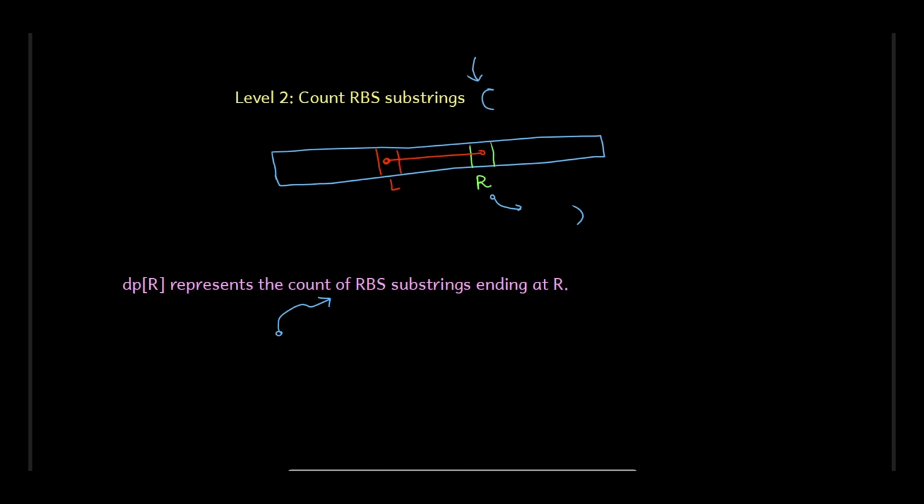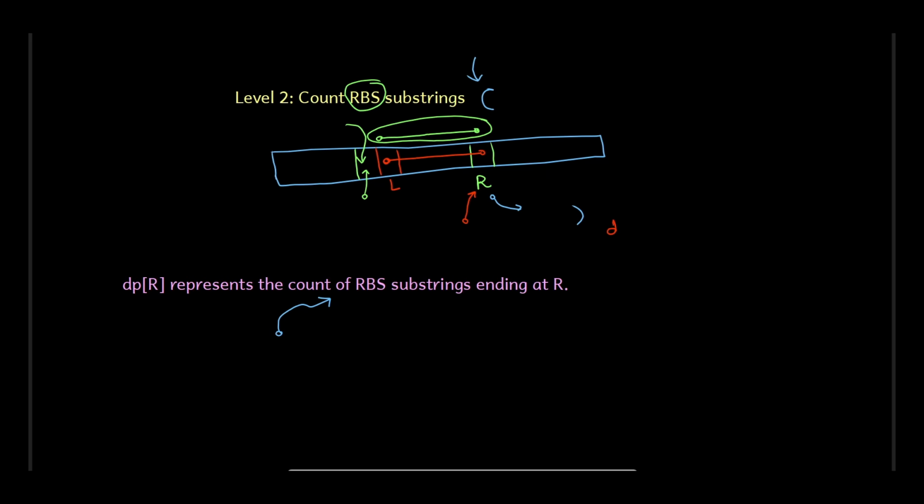So suppose this is your closure, then you have two options. Either you can take this closure string as one valid RBS, because closures are also RBS, or you can compute all the valid RBS that ends at index L-1, and you can append this closure to all of those substrings, and then you would now get a substring that ends at this location.